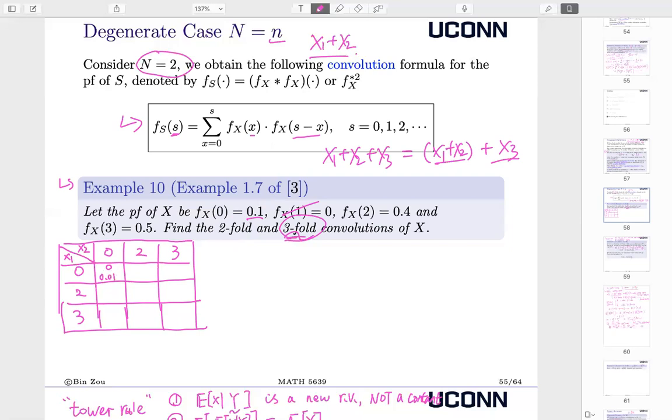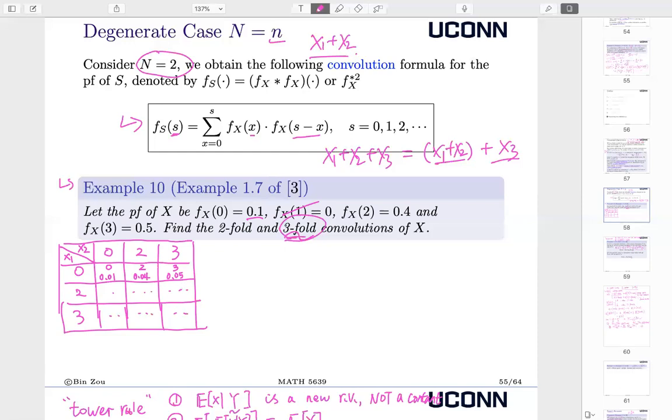Going to the next cell, the summation is obviously 2, and the probability is 0.1 times 0.4, so 0.04. Similarly, the summation is 3, and the corresponding probability is 0.05. For the same reason, I believe you can fill in the whole table, right?